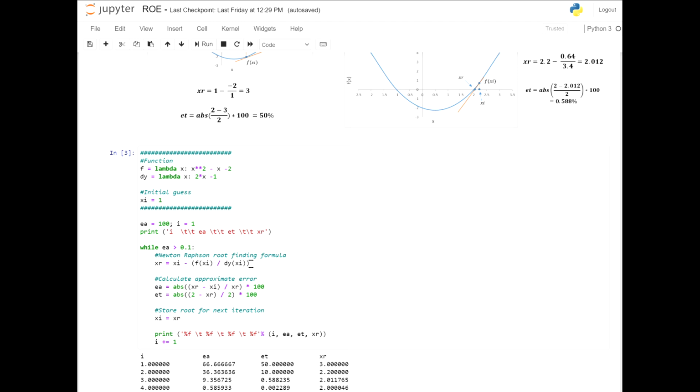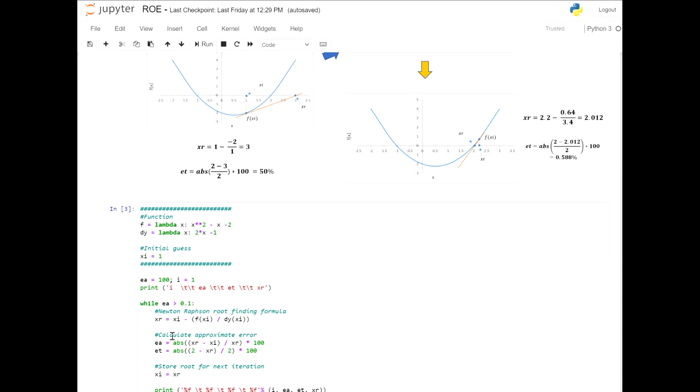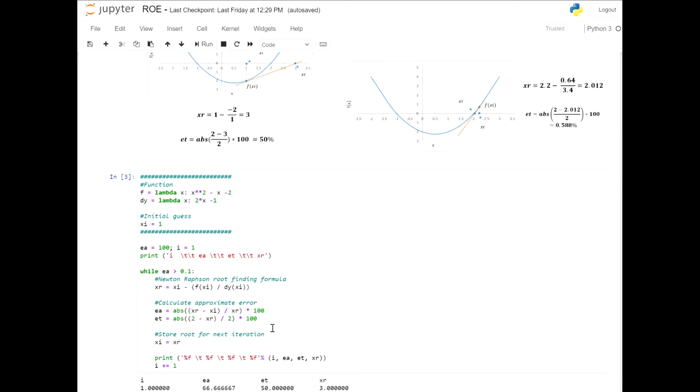Now here, if you look at this code as compared to the bisection and false position, you're going to find that xr is defined differently using this equation that we have derived, which is basically xi minus f of xi, the function at xi, divided by dy xi, which is the derivative at xi.